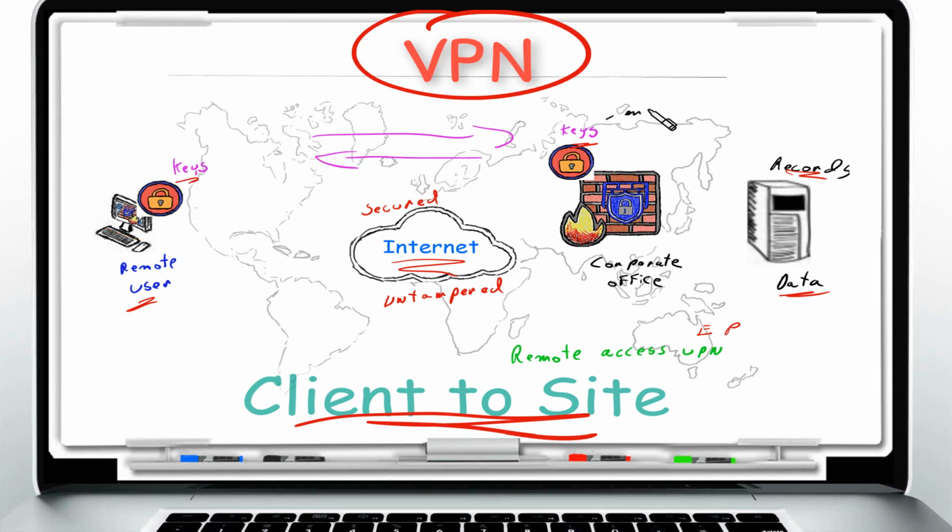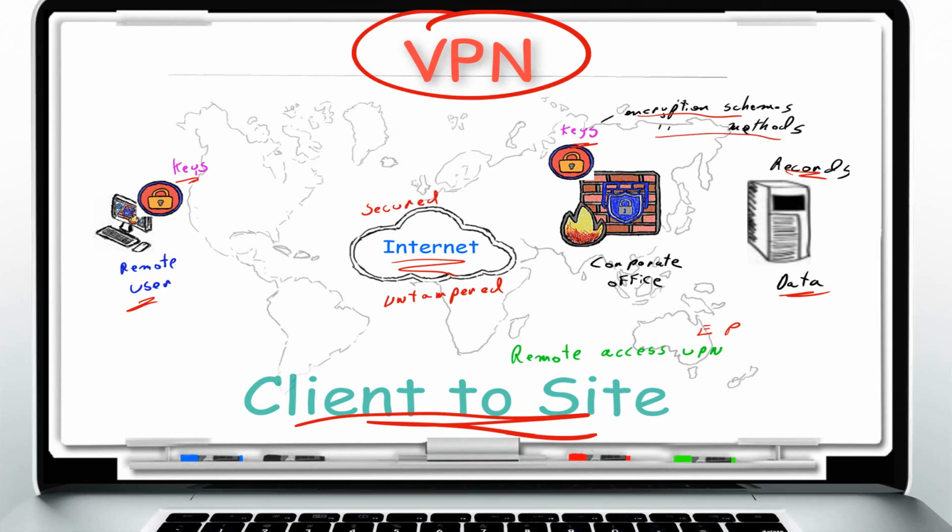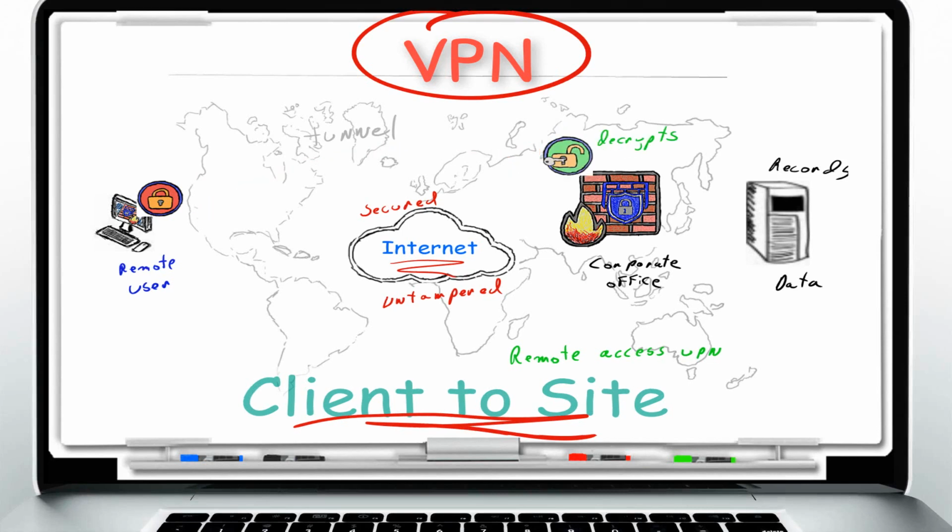It negotiates things like what encryption schemes and methods to use, and when the tunnel negotiation is completed, the client can send and receive data to and from the gateway, all encrypted. All the data is encrypted from the remote access device directly to the gateway. The gateway decrypts it and sends it on to the internal, protected servers.